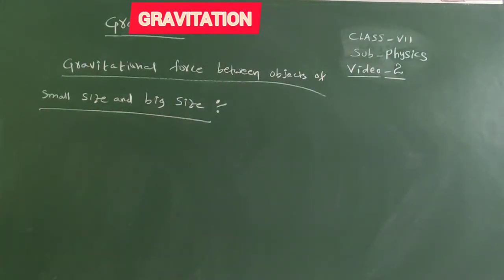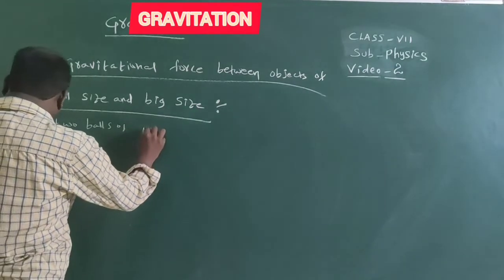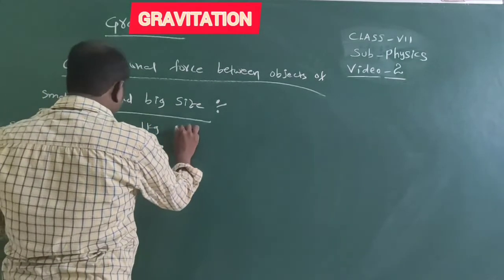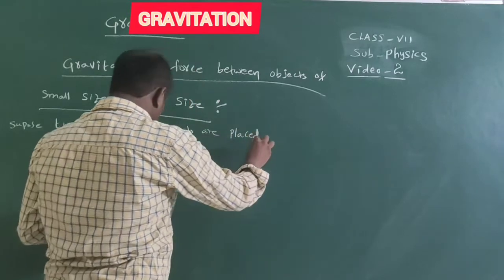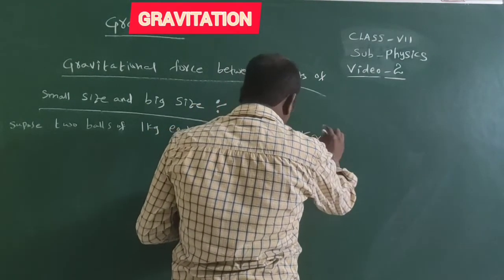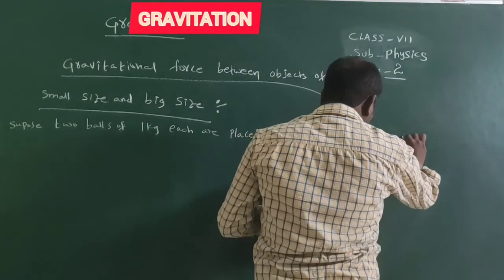Suppose two bodies of mass 1 kg each are placed with their centers 1 meter apart.